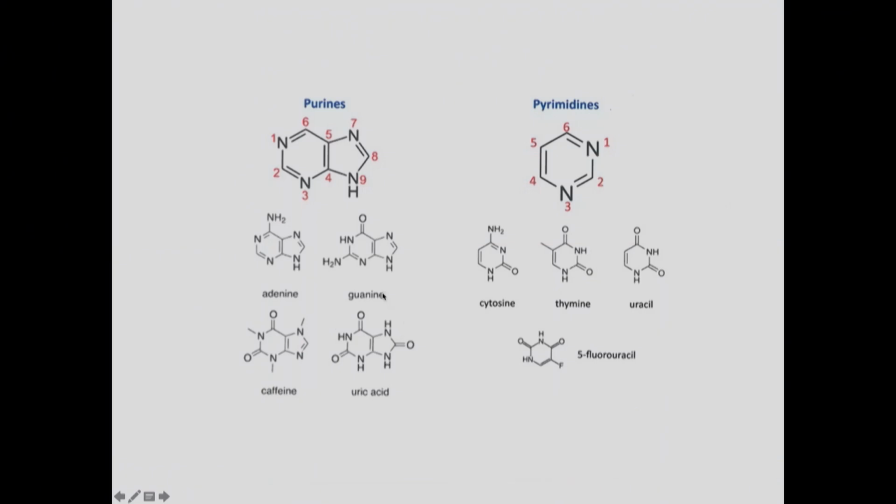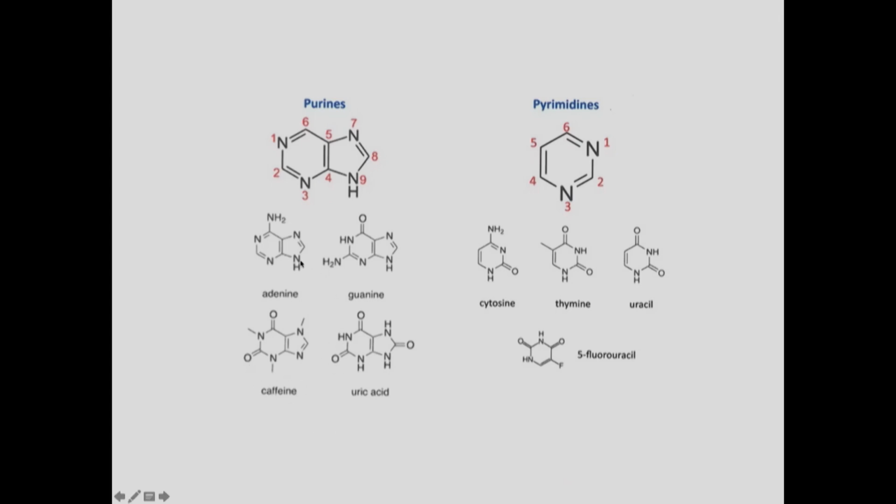And so, here's uric acid. Uric acid, as we've discussed, is the way birds excrete nitrogen. We'll discuss later today that it's the cause of gout, a very common human condition. There's also lots of other pharmacologically active molecules among the purines and pyrimidines.